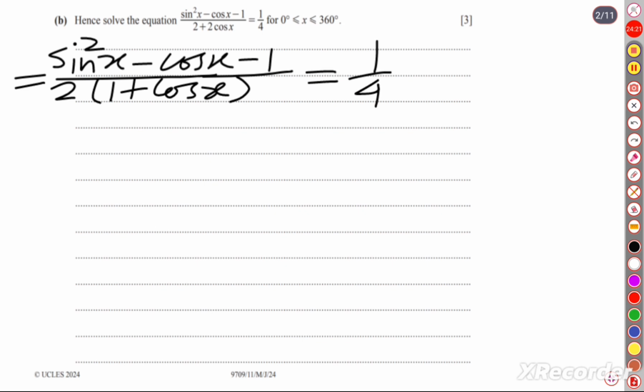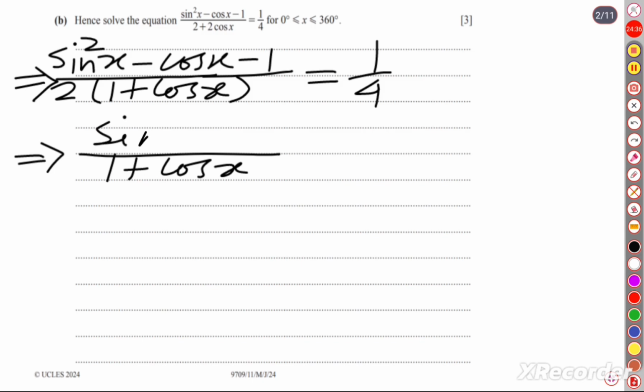As we have taken 2 as common, this 2 can be transposed to the other side. If we do so, in the denominator there remains 1 + cos x over sin²x − cos x − 1, and on the right side it's going to be 2 over 4.